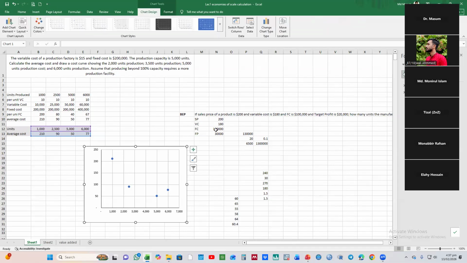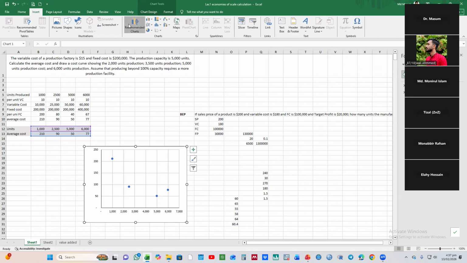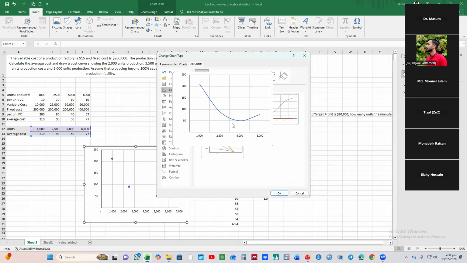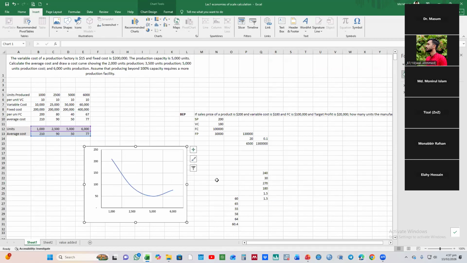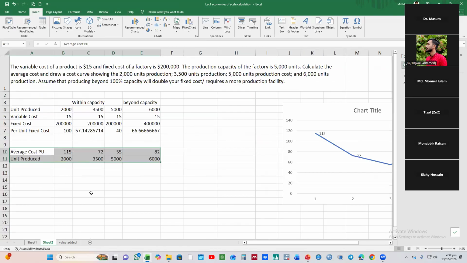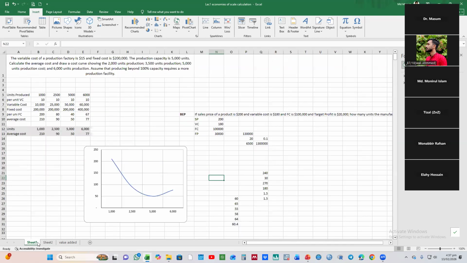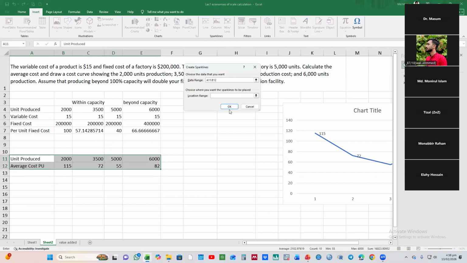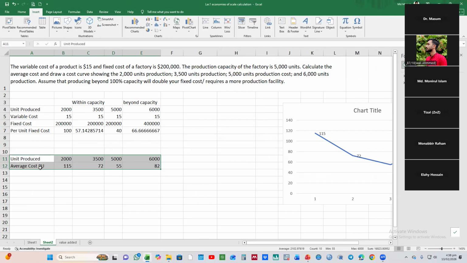Is it scattered? Maybe we have to learn a little bit more about this. For the moment we are constructing the curve for the average cost.